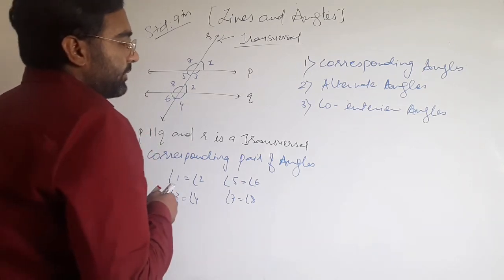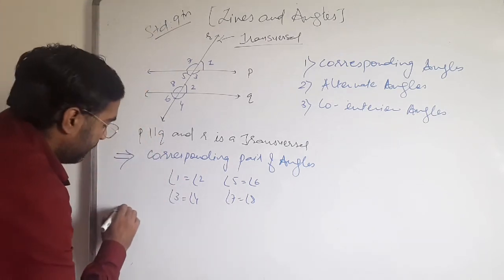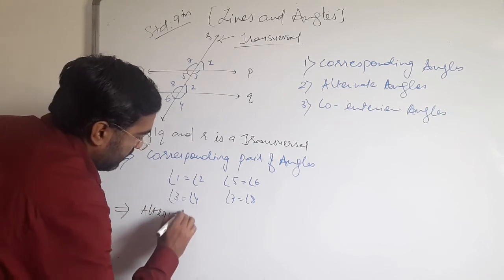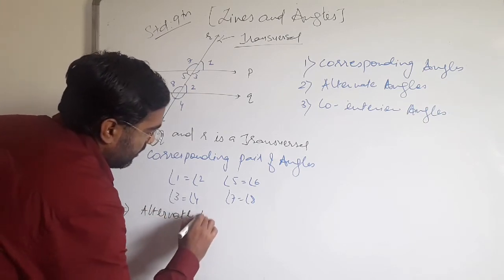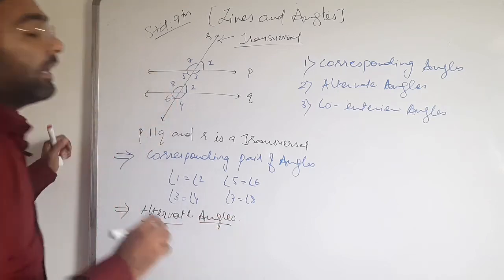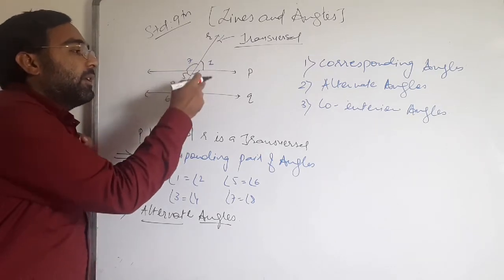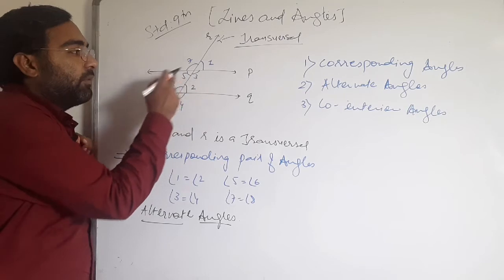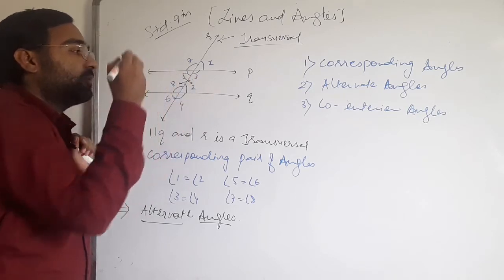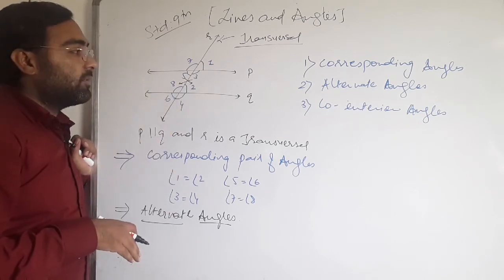For the alternate angles, that is in the interior part of P and Q. Here is the interior part of P and Q, and the angles are formed in the cross section.